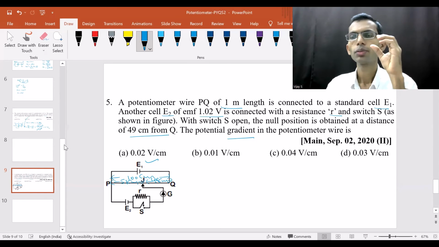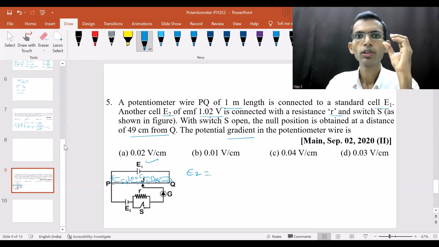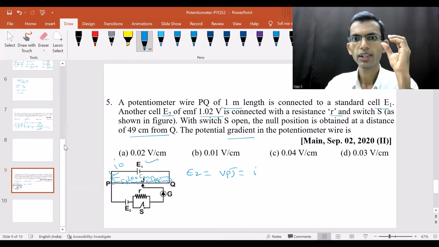At balance, the sub-circuit cell EMF becomes equal to the potential difference between P and J. Clear? P and J. So VPJ is equal to, let us say I0 is the current flowing in the primary circuit, I0 into RPJ, the resistance of the wire between P and J, rho LPJ by A dash.